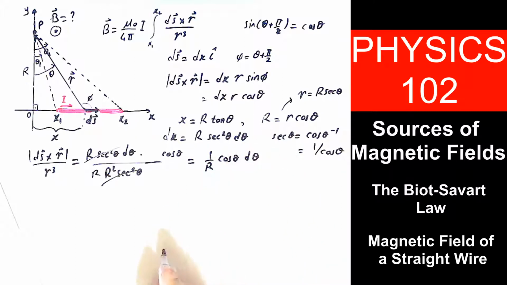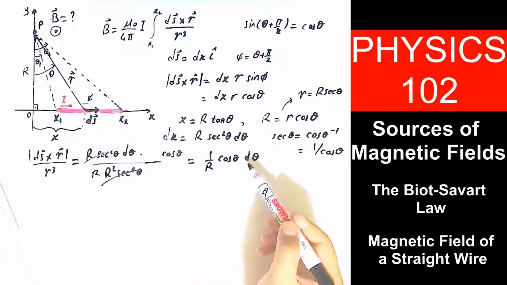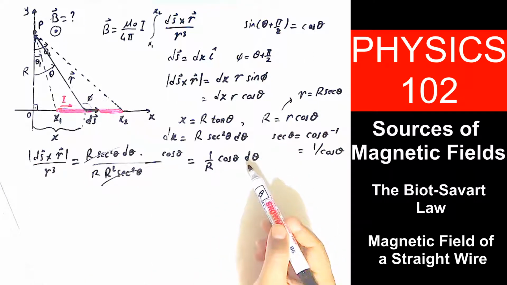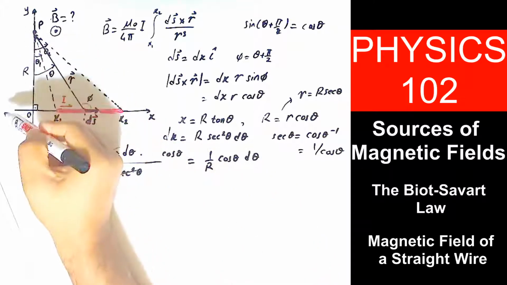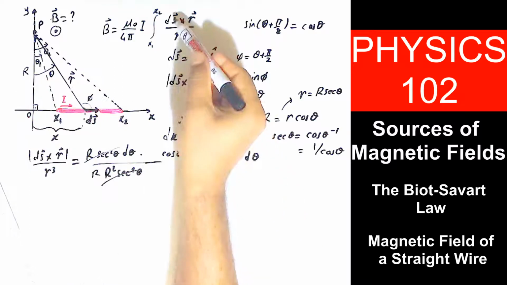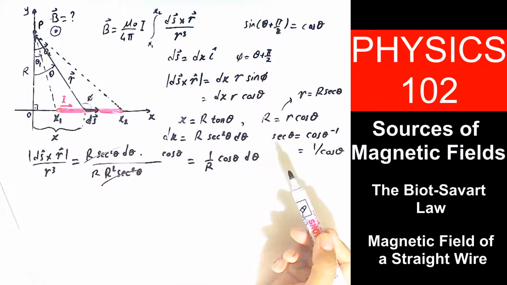So you see, this integrand turns out to be simplified, and it has only one variable. Capital R is just a constant, and our integral will turn out to be just the integral of cosine theta d theta.